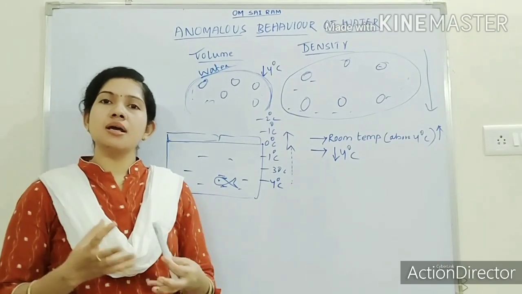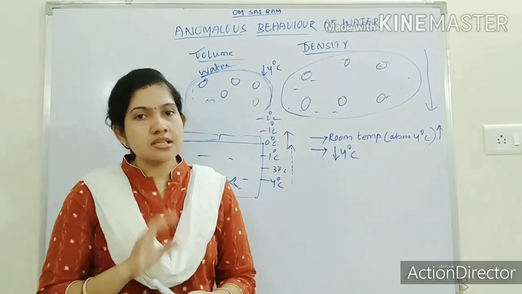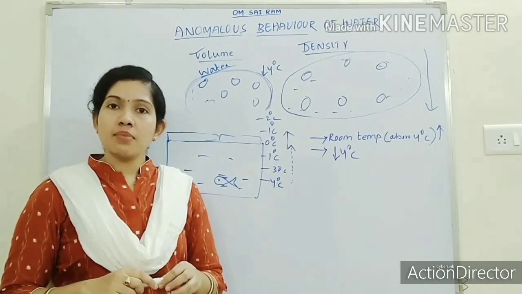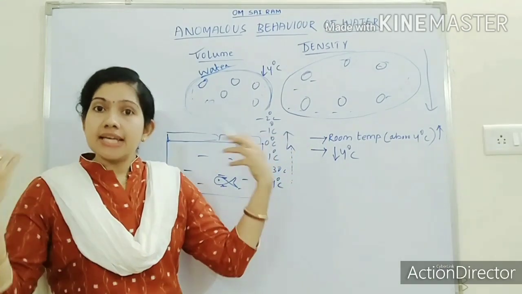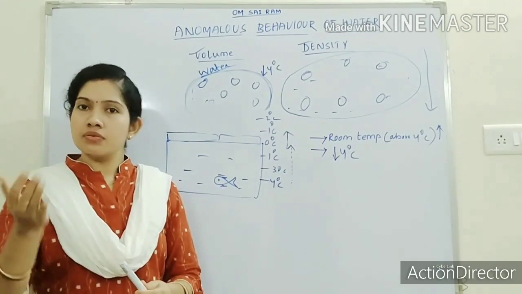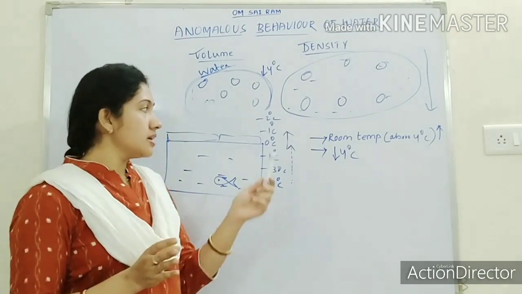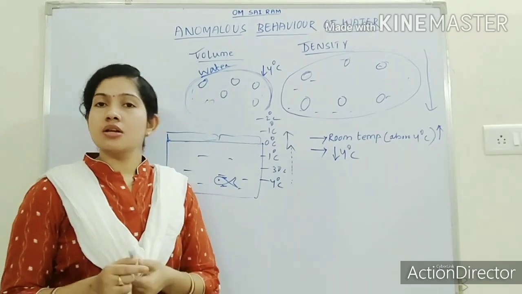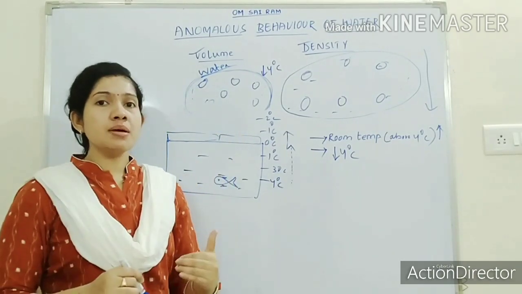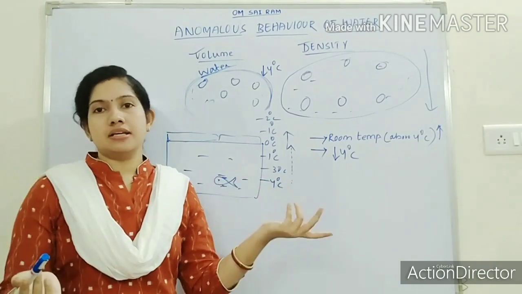Because when the temperature is very low, below 4 degrees Celsius, the volume of water will increase and density will decrease. But it is not the same at room temperature. At room temperature, the volume will decrease and the density will increase.